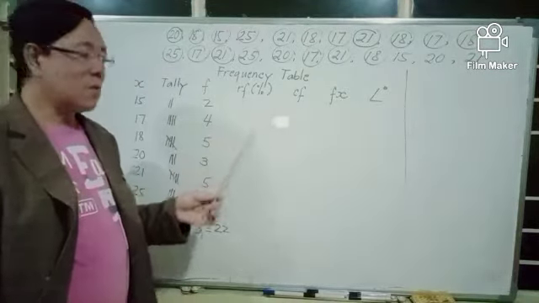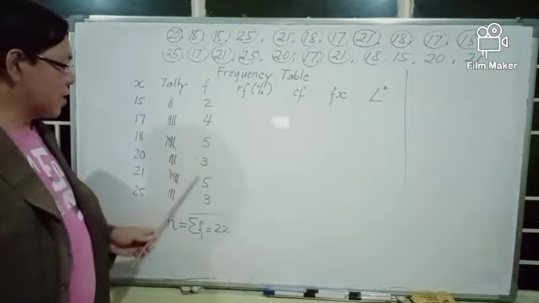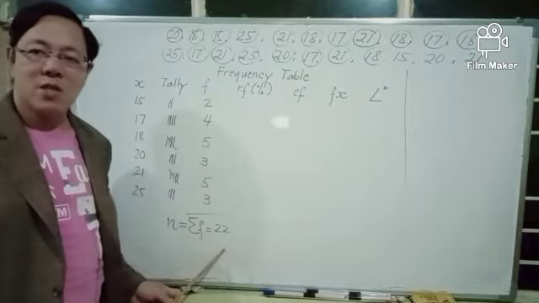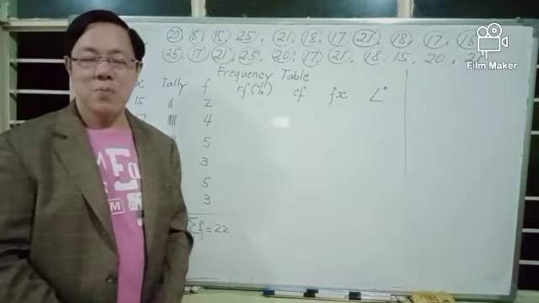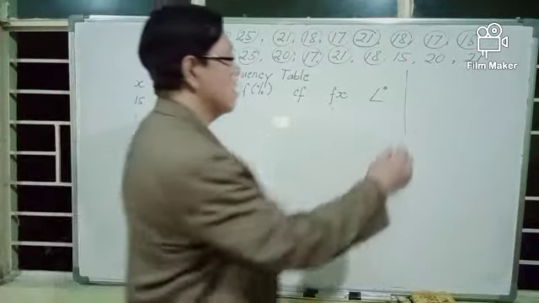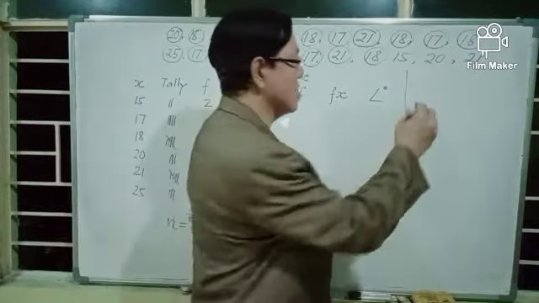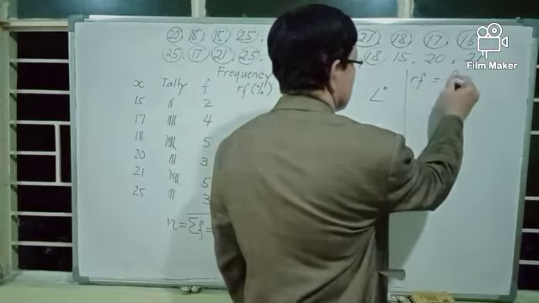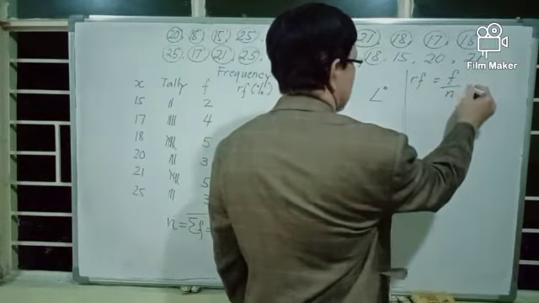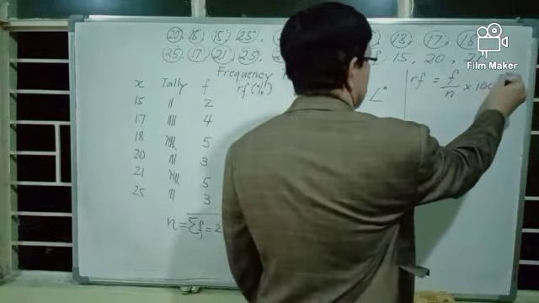Relative frequency will express each of these frequencies as a percentage of the sample size. Hence, the formula for computing relative frequency is RF equals frequency divided by sample size times 100%.